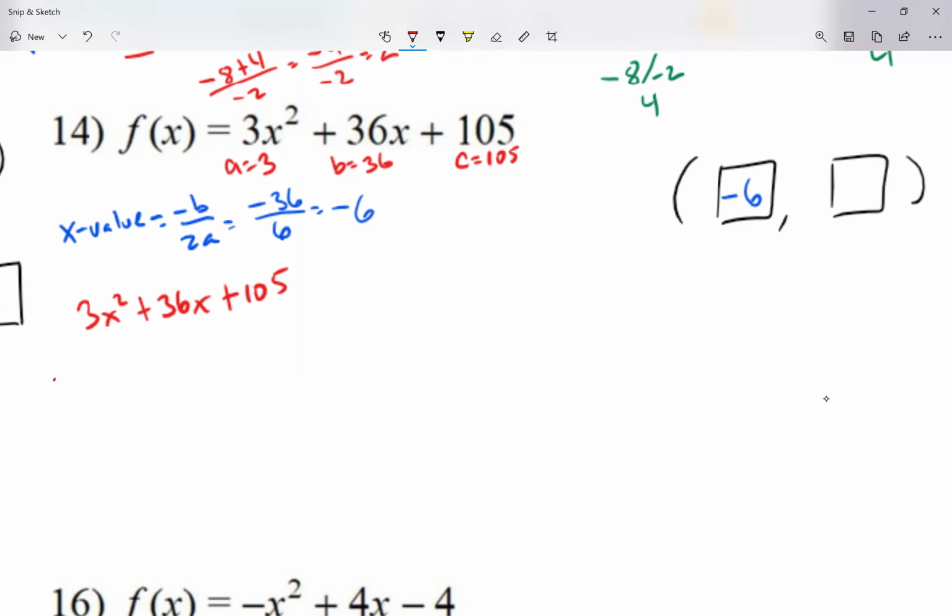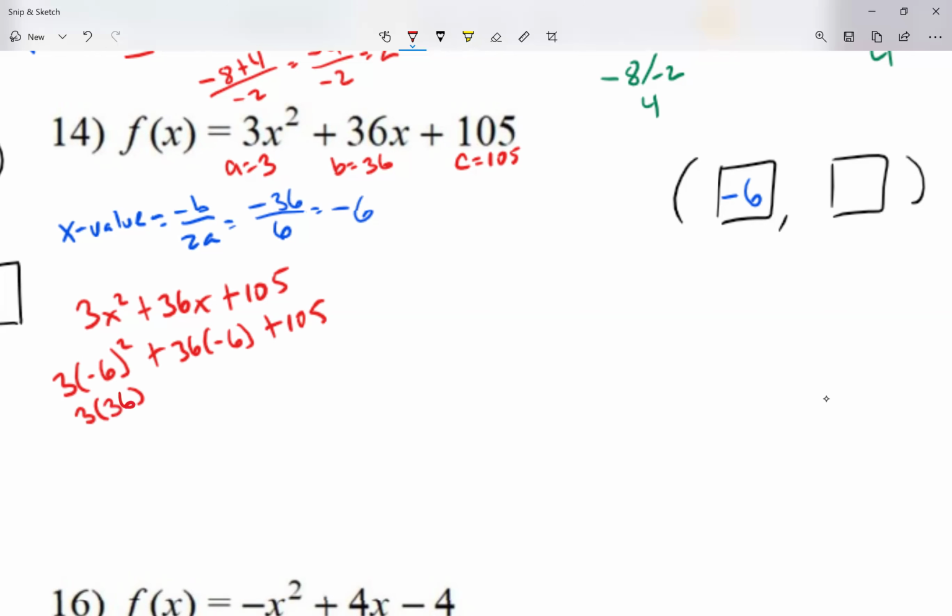So let me go 3 times negative 6 squared plus 36 times negative 6 plus 105. Okay, so looking at the first part, I'm not doing anything to the 3 yet. I'm just going negative 6 squared. So that gives me 36. Okay, and then 3 times 36 is 108.